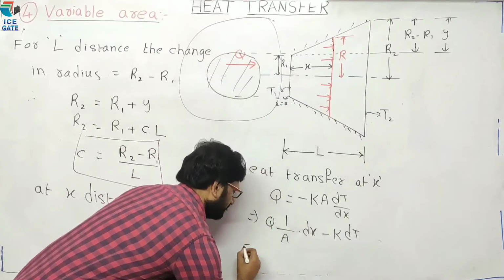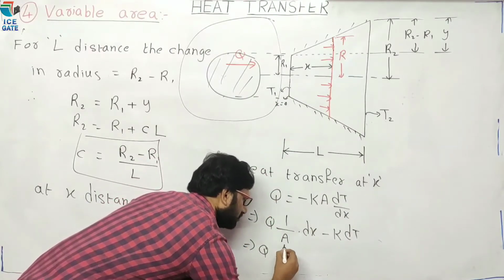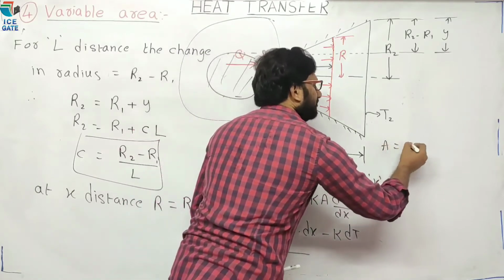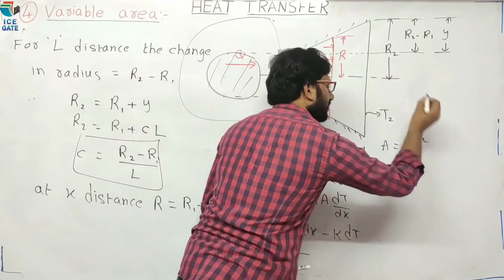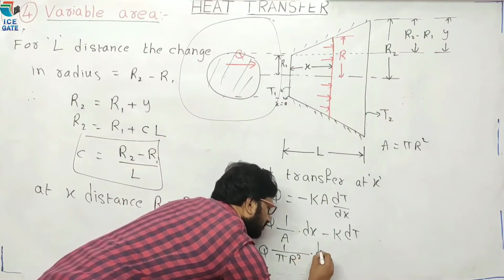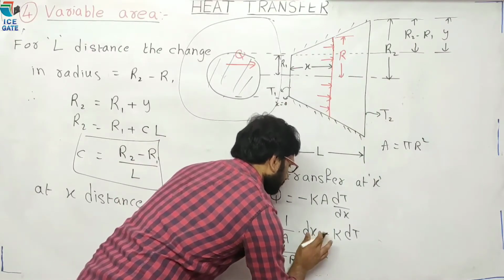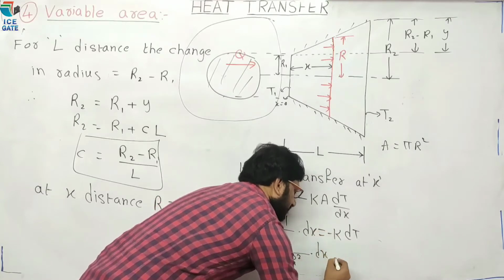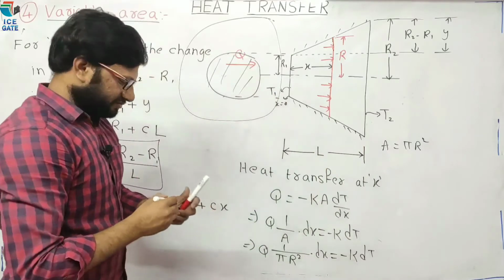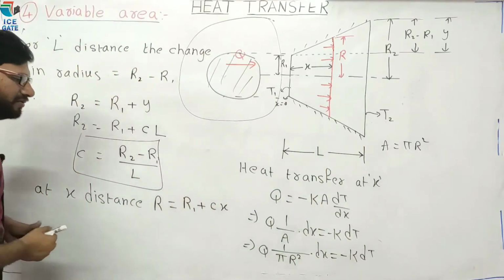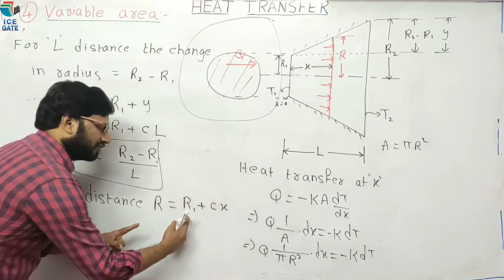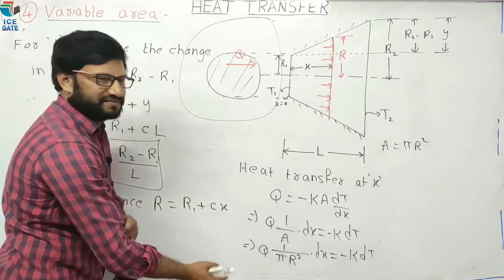That is Q into 1 divided by, we know the area formula, pi r square, that is pi r square into dx is equal to minus K dT. Now in place of r, substitute r1 plus c x.